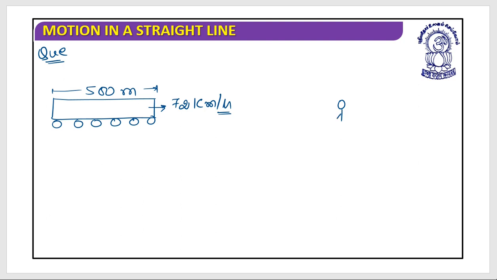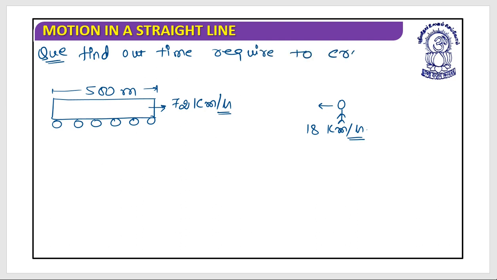You are here, and even you are moving in this direction with a speed of 18 kilometers per hour. Now what is required is to find the time required to cross the train.